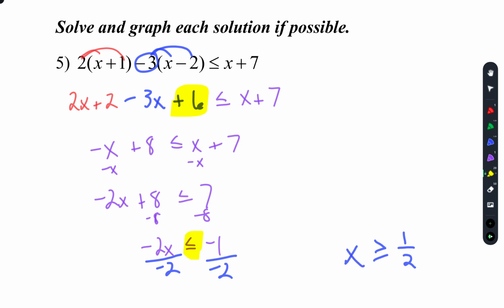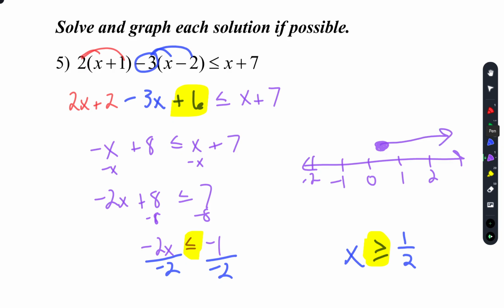Make sure that you're switching the sign when you're solving your inequality. Then we're going to graph it. So 1/2 is between 0 and 1. We're going to do a closed dot because of the equal sign. And x is greater than or equal to. Geez, I did all of them greater than or equal to.